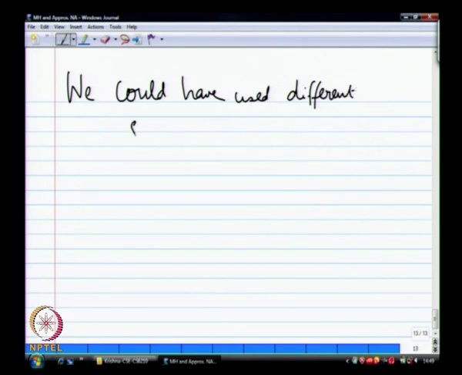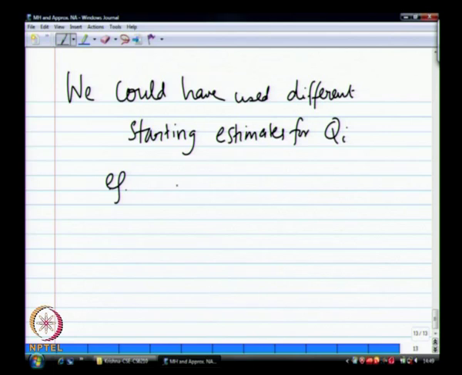So you could have used different start estimates for all the QIs. For example, I could have said that QI simply, QJ.